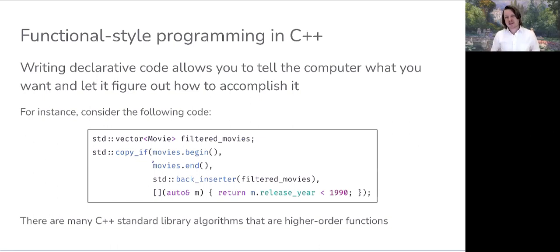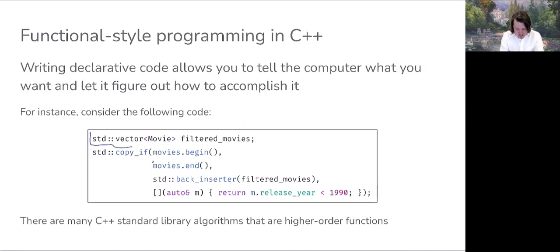For instance, consider the following code, where we're using the standard template library's copyIf algorithm to essentially iterate through a series and pull out all of the elements within that series that meet some sort of criteria. More specifically, we're going to store that result in this filtered movies vector.